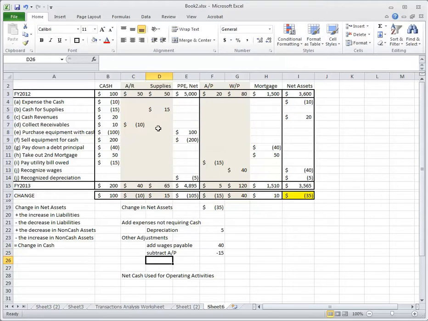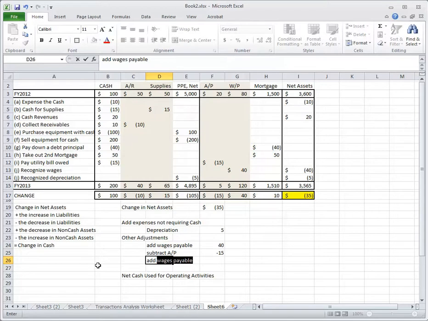Then we want to go over here to the accounts receivable and supplies, and we'll see here that we had a decrease in our accounts receivable of $10, and so we're going to add that back in. If we had a decrease in a non-cash asset category, we're going to add that back in.